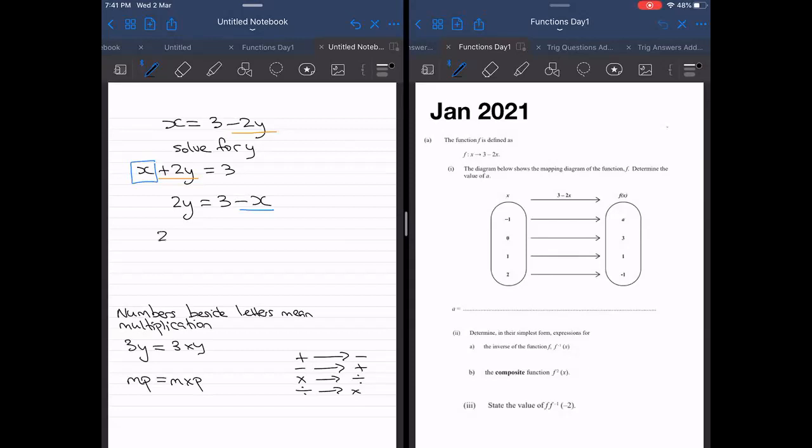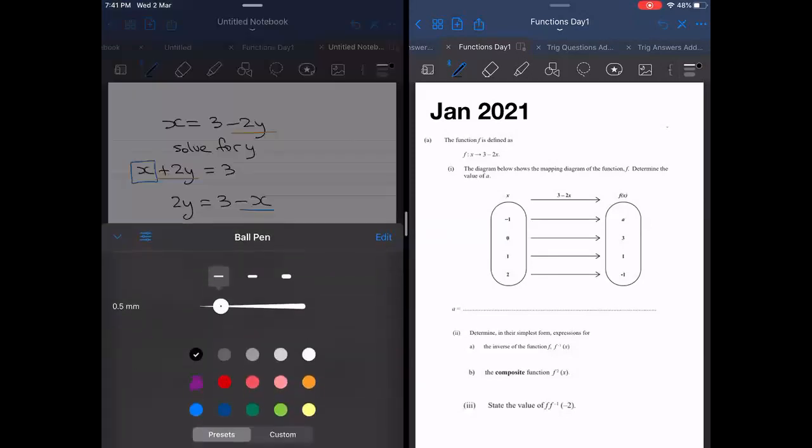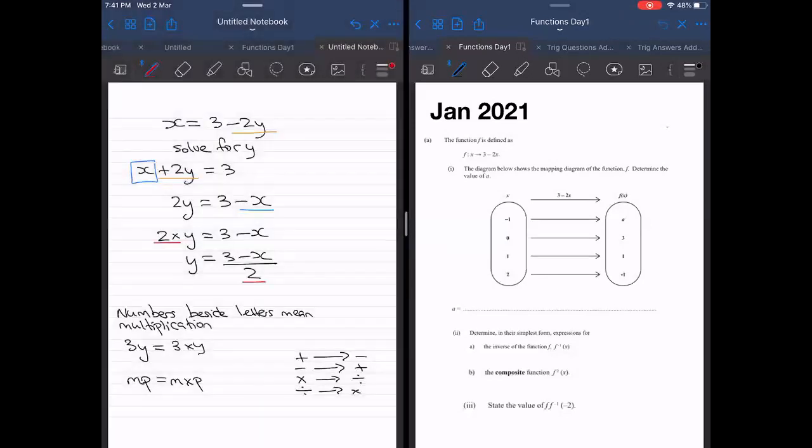Because I'm able to look at this and see that this is 2 times y, and the 2 which is multiplied, when we take it across, we are going to divide. But if you don't know that the 2 beside it means multiplied, then when I do that, it might seem a little bit odd.